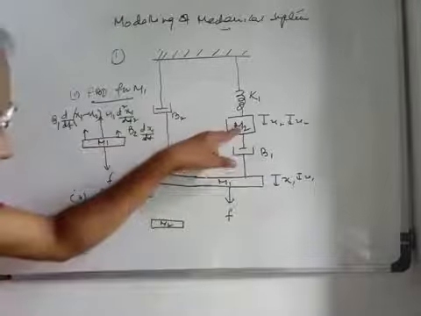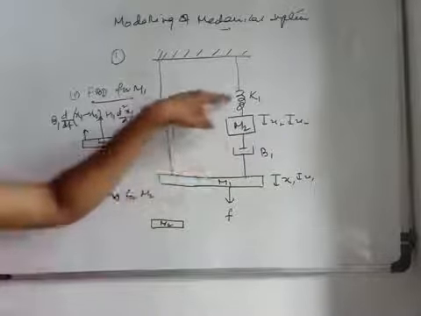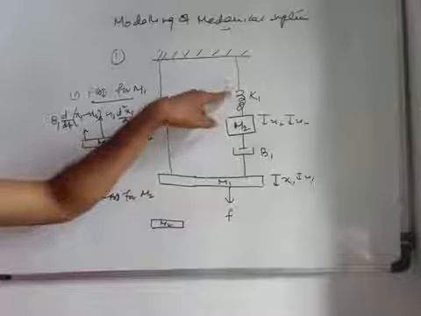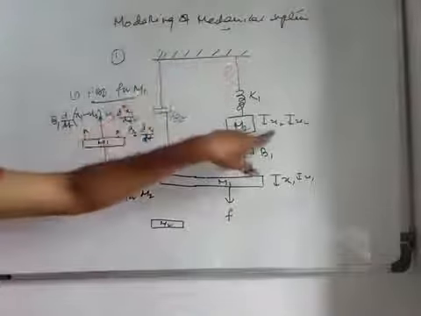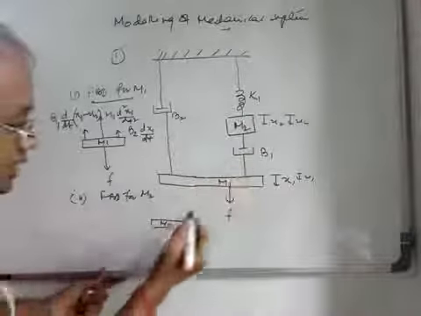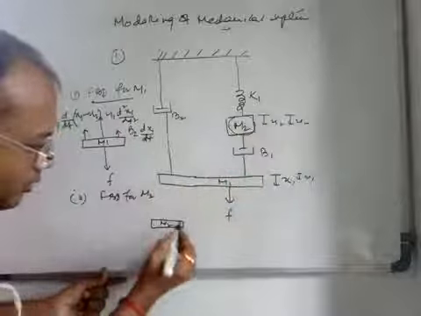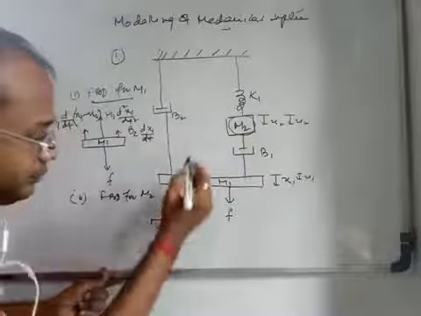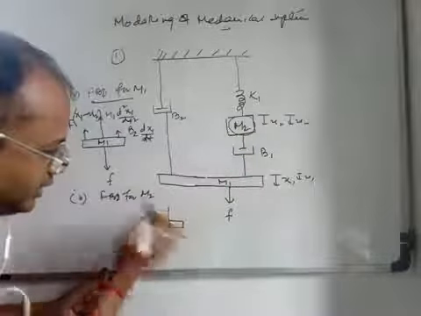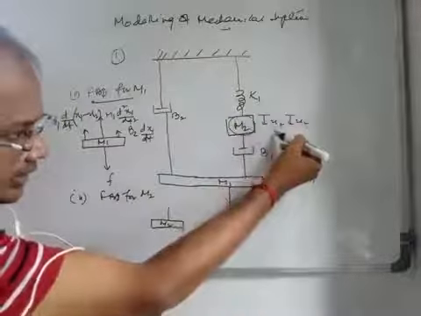This m2 is connected to this b1 at this terminal and a spring constant through this rigid body. So due to the displacement of x2, its displacement is x2. So definitely you see there will be m2 and the displacement is in this direction.